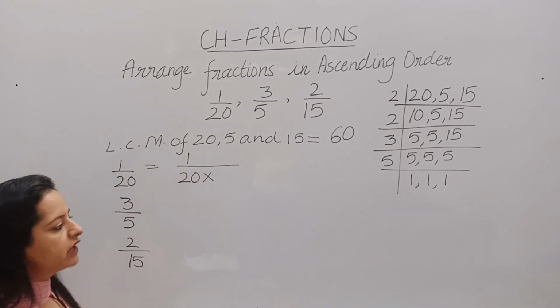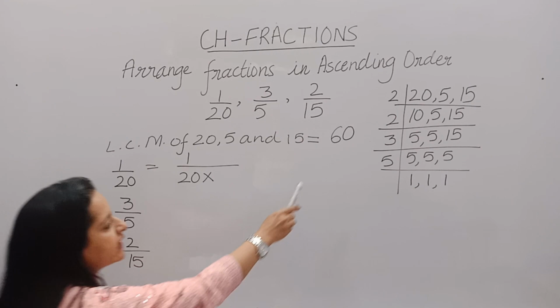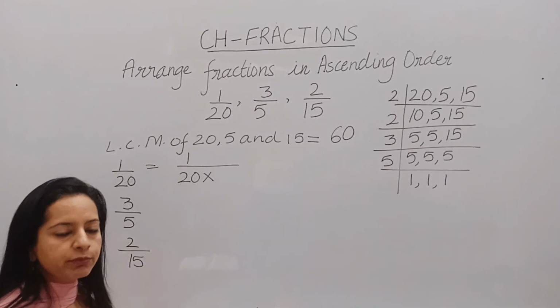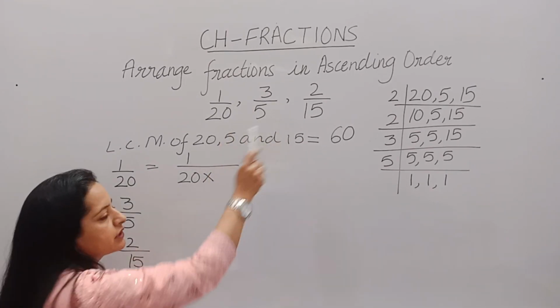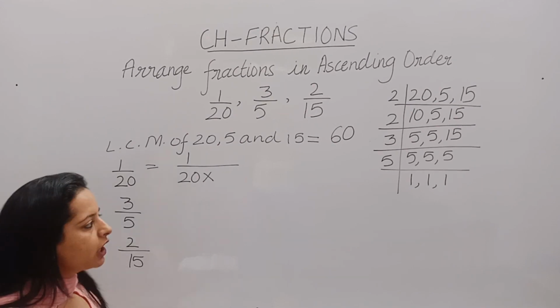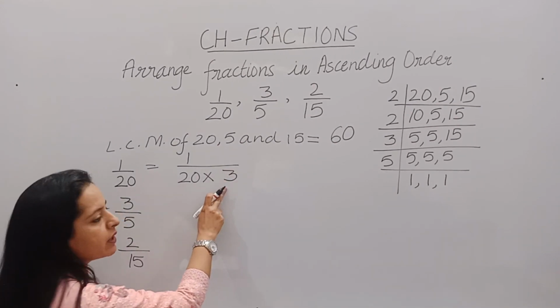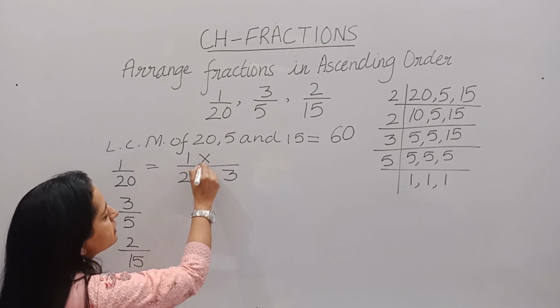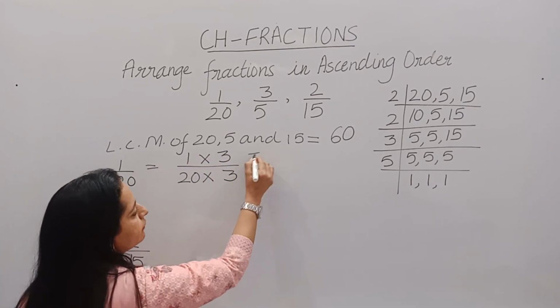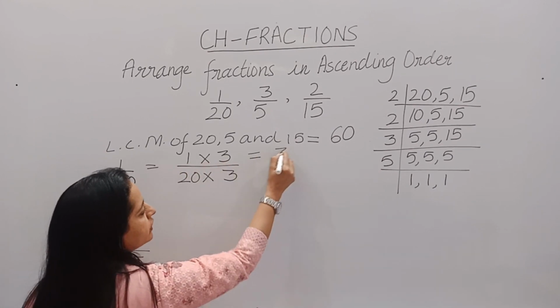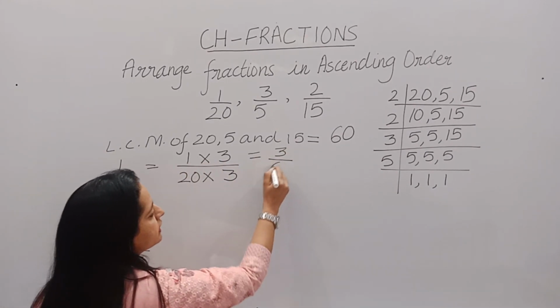With which number shall we multiply 20 to get 60? Because we want 60 in all three denominators. To get 60, we will multiply 20 by 3. Since we are multiplying the denominator by 3, we will multiply the numerator also by 3. Now, let us multiply. 1 into 3 is 3, and 20 into 3 is 60.